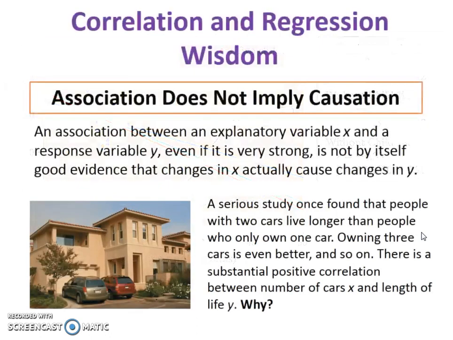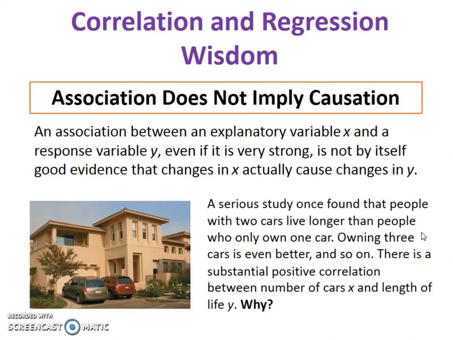Last thing that we're going to talk about. Association does not imply causation, y'all. Right? Even if it's a very strong association between an explanatory and a response, this is not by itself good evidence that shows that changes in X actually cause changes in Y. Notice here, doesn't cause it.